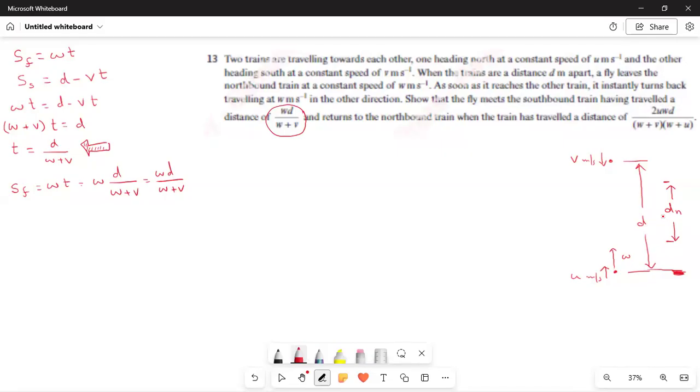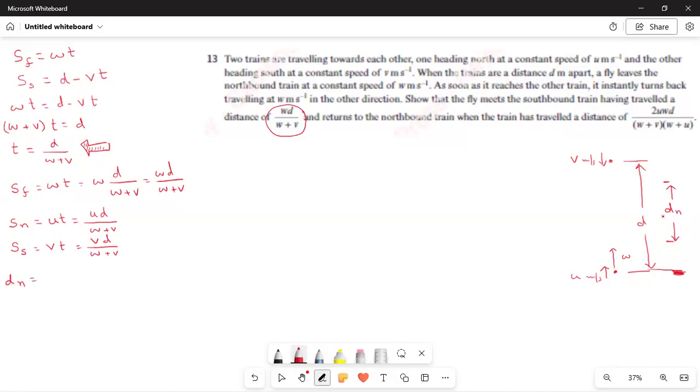The distance traveled by the northbound train is ut, where u is the speed and t is the time. But if I put time equal to this one, it is going to be u into d over w plus v. Similarly, the distance traveled by the southbound train is vt, so that is going to be v into d over w plus v. Now, what is this new distance?